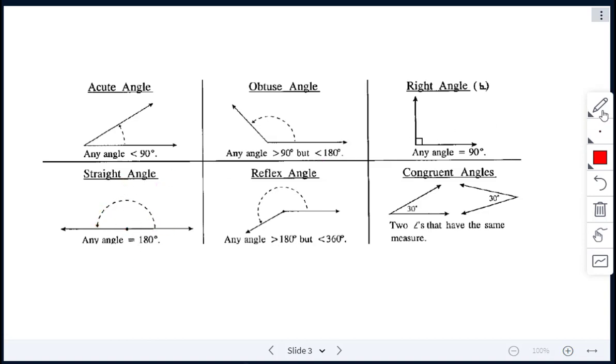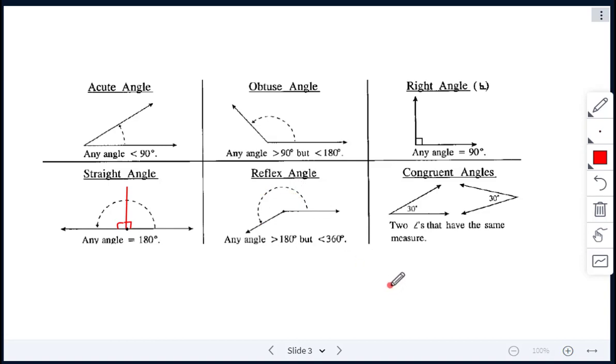If we drew a perpendicular line through this point, you would have two 90-degree angles, which make up 180. So 90 and 90 together, the straight angle would be 180 degrees. A reflex angle is greater than 180 degrees but less than 360 degrees. This angle shown right here would be the reflex angle.